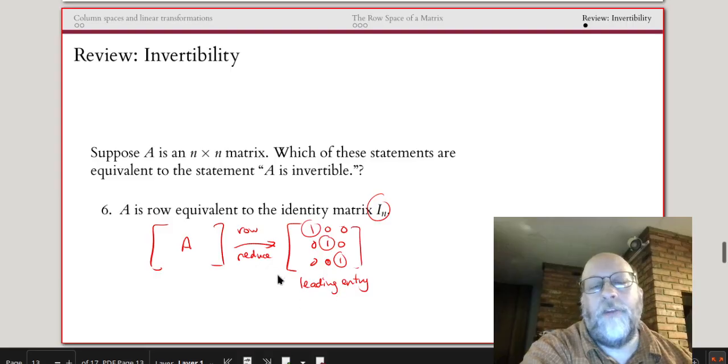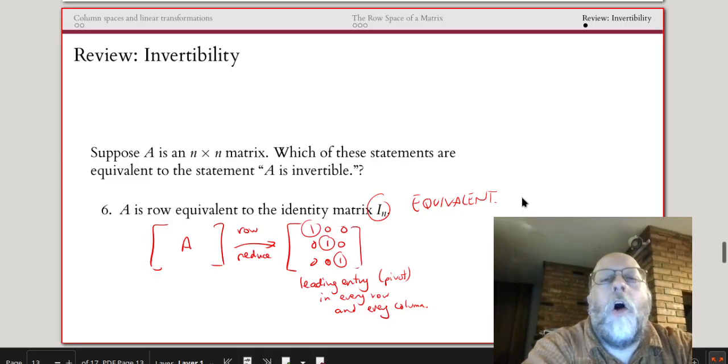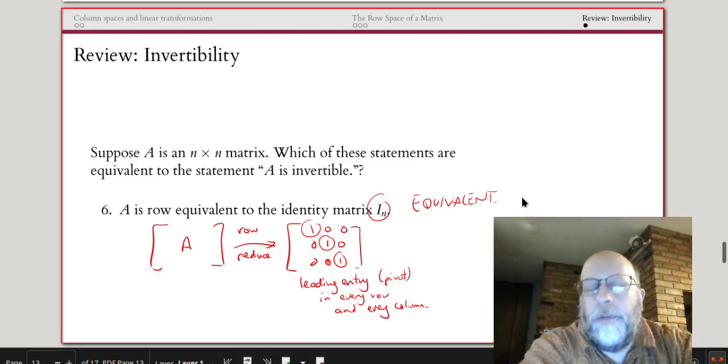I say leading entry, I could also say pivot in every row and every column. And so this is equivalent. All of these are just different ways of saying the same information, that A is invertible.